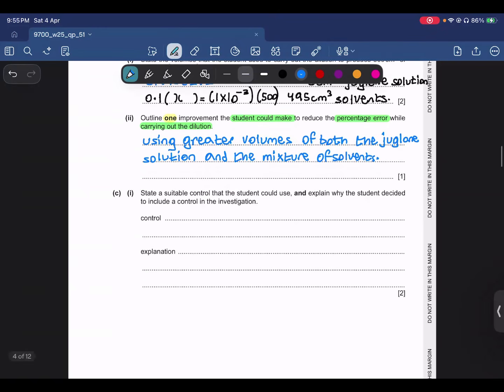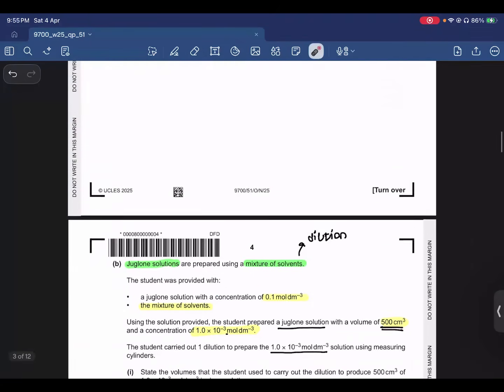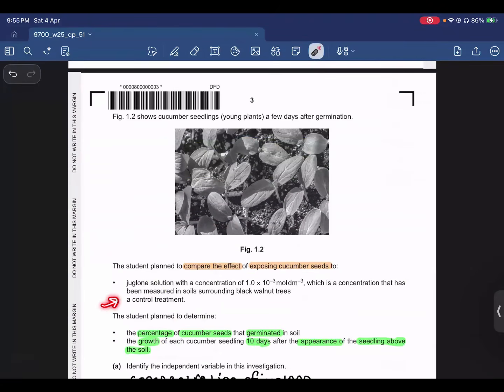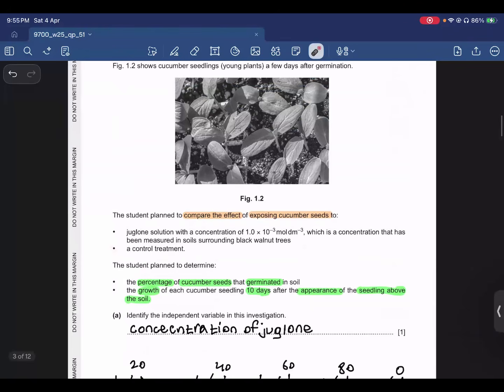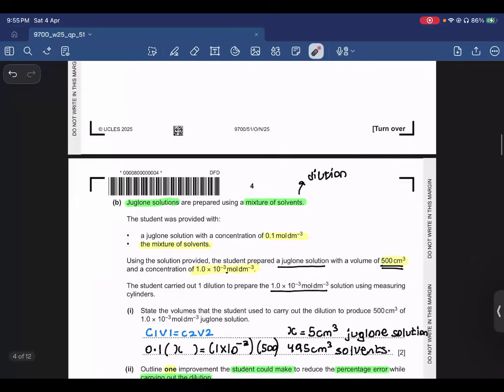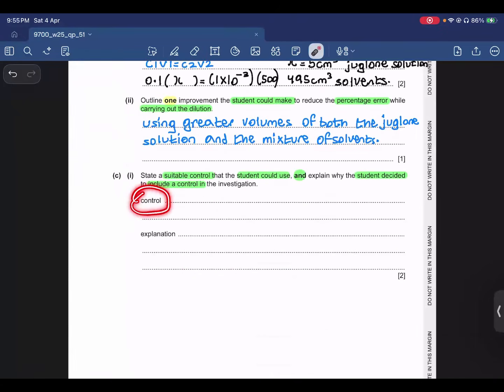Okay, now state a suitable control. एक ऐसा control experiment that the student could use, and explain why the student decided to include a control in the investigation. तो remember उन्होंने शुरू में हमें बताया था कि एक control treatment use किया गया, but they didn't actually tell us what that treatment was, and that's why they're asking us this now.